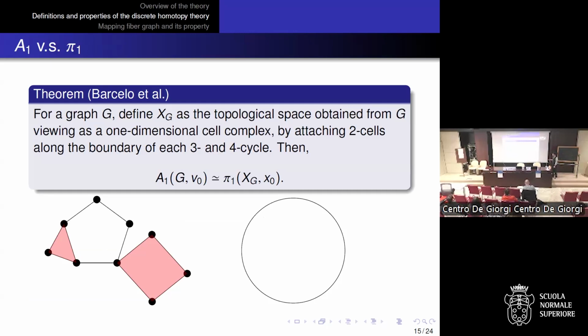Let's see this graph as an example. First, we see this graph as a topological space, just a cell complex.